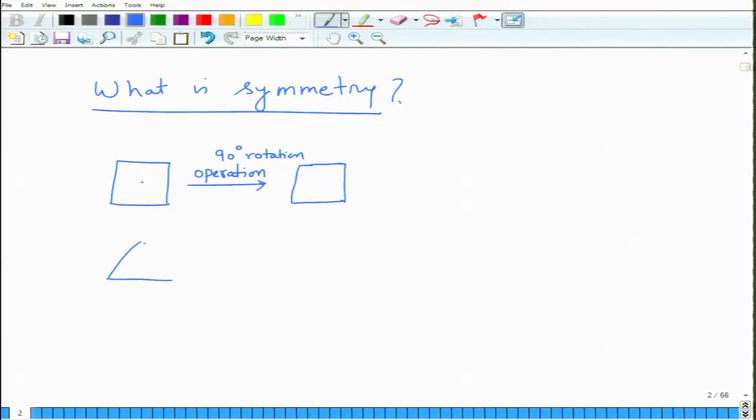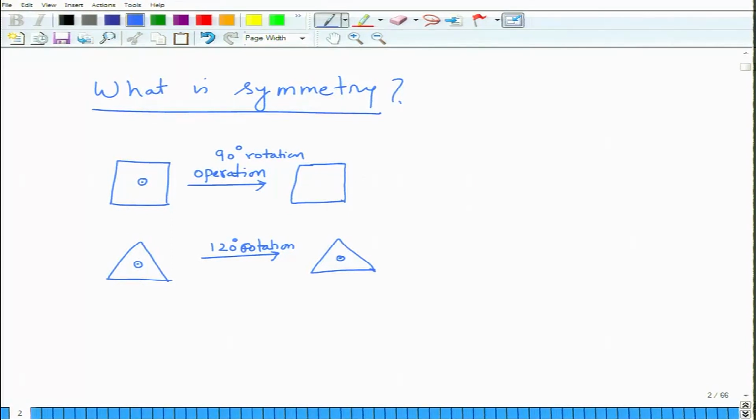Similarly, if you take a triangle, an equilateral triangle, what operation do you need to perform on it? So this is the center of the triangle, and I provide a 120-degree rotation. So it appears in the same shape.